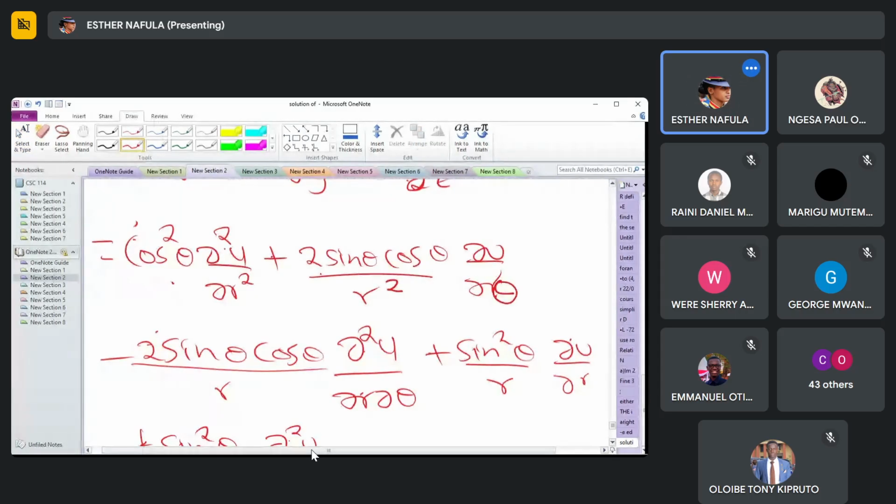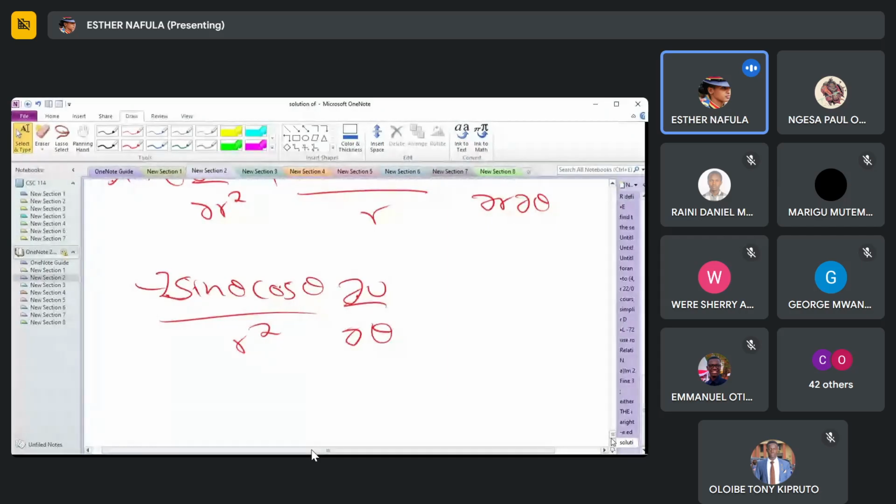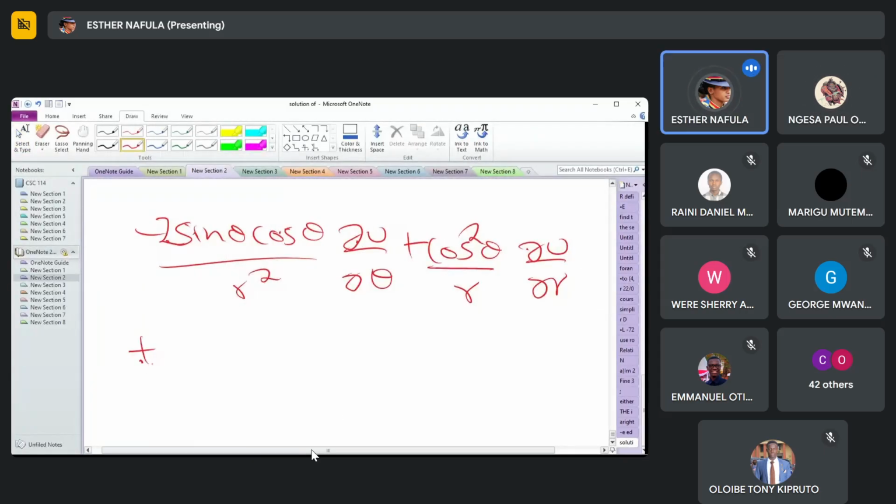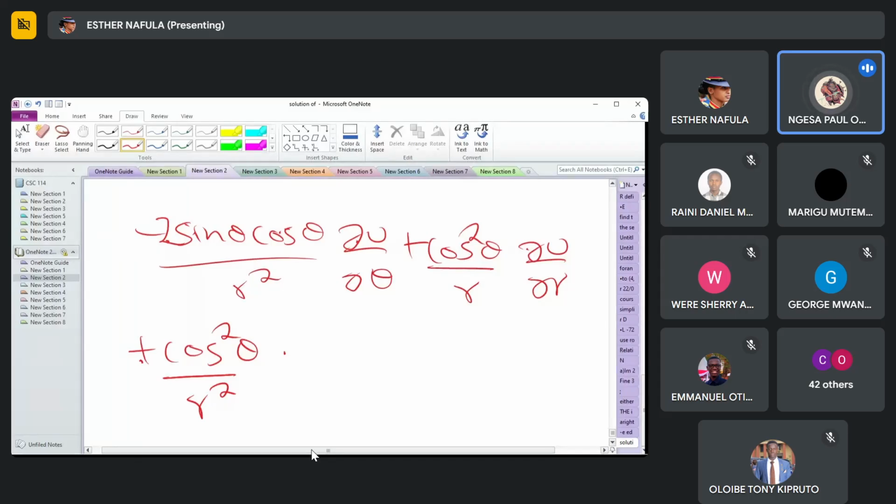Must have made a mistake. We proceed. Plus cos squared theta over r partial u partial r, plus cos squared theta over r squared partial squared u partial theta squared, and then plus partial squared u partial z squared.